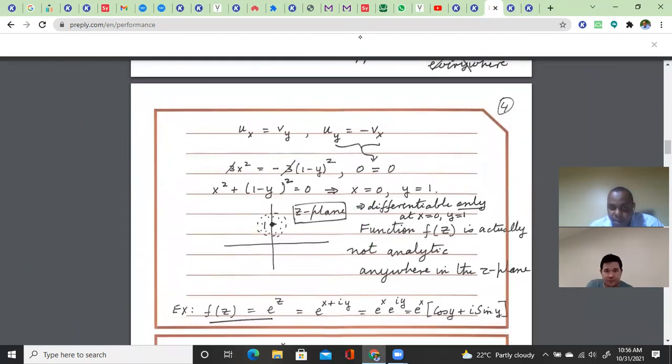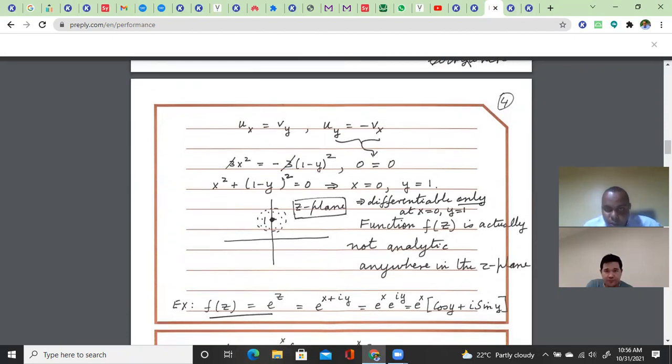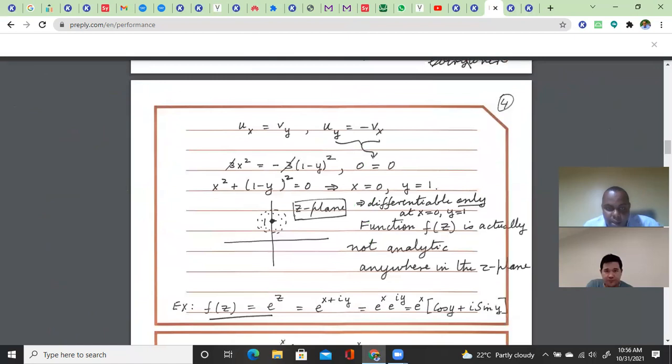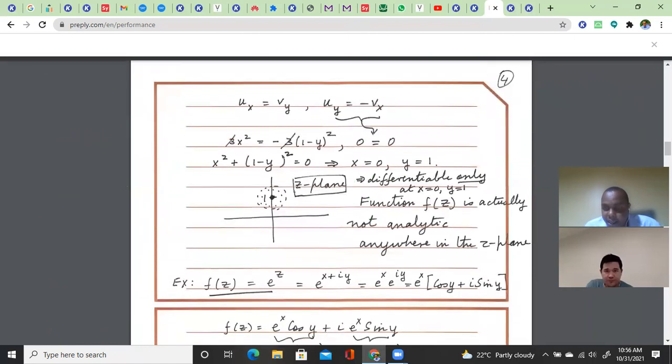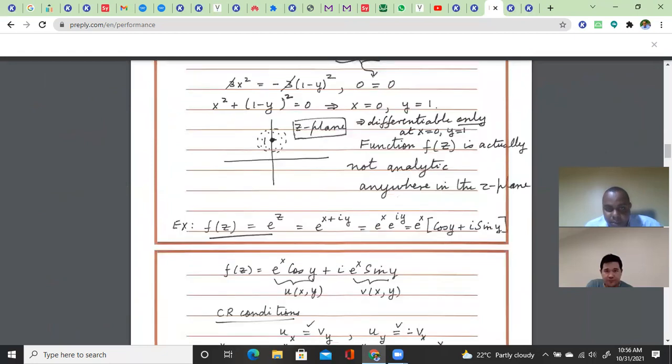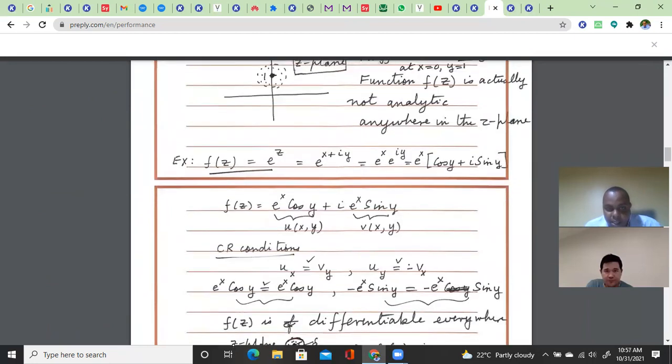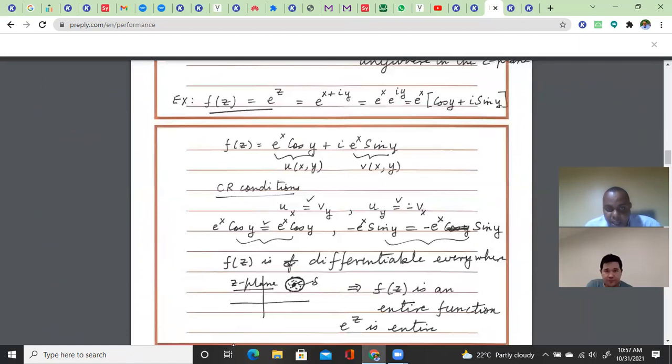Okay. Look at this example. He has the same example as the one that I gave you. And we found that this one is going to be analytic everywhere. We did it, right? So we checked the Cauchy-Riemann conditions, and we found that f of z is differentiable everywhere.